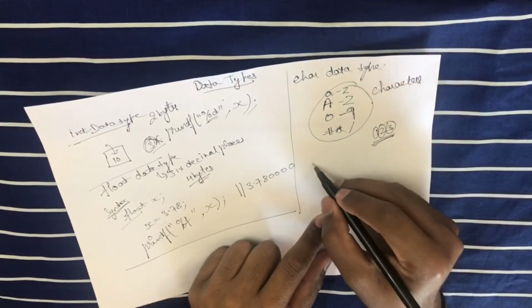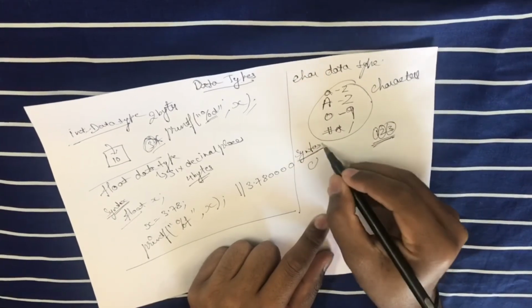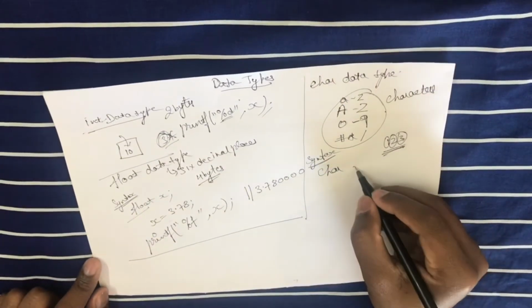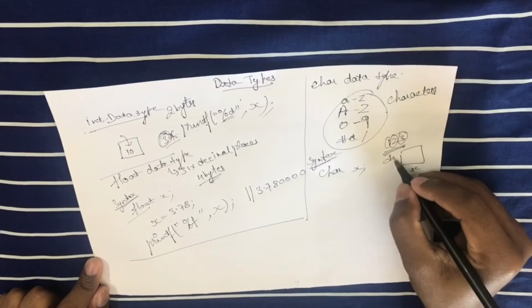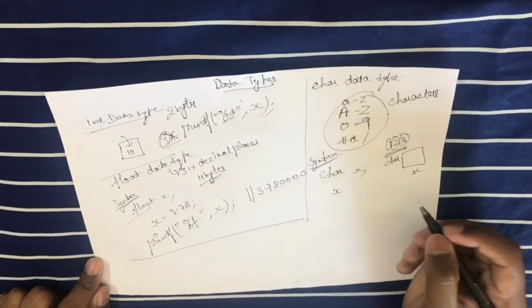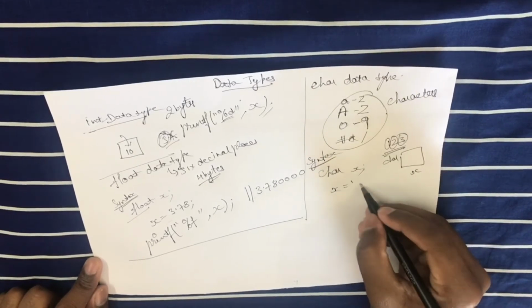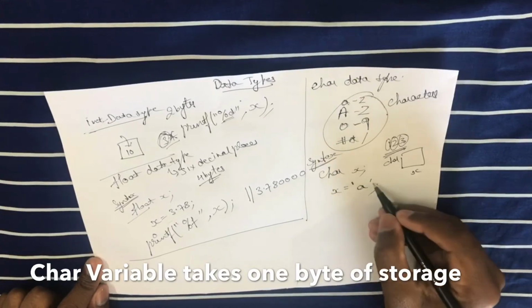So how do we write it in the syntax? char x. Now I have declared a variable of name x and of type char. Now if I need to initialize any value, then I'll be putting it inside single quotes. Character data is represented by single quotes.